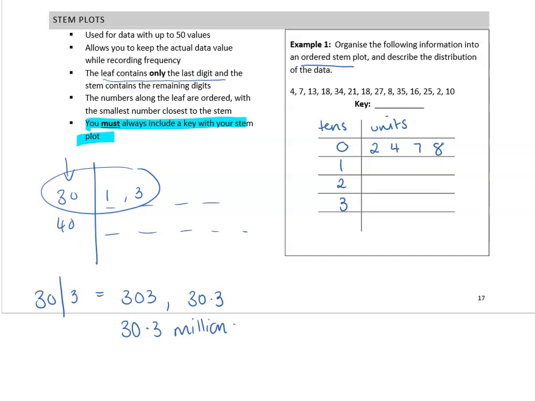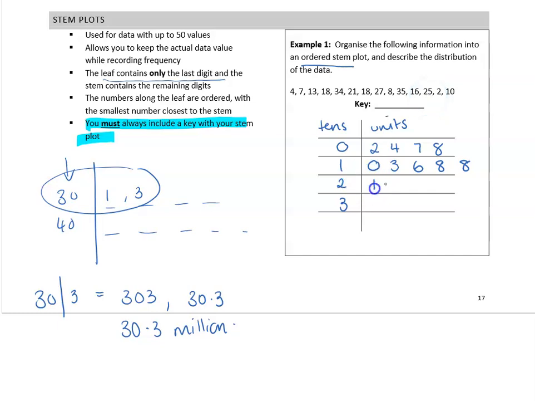And so again, if we now look at our tens, we've got a 13, an 18, an 18, a 16, and a 10. So again, in order, 0, 3, 6, 8, 8. Into our 20s, we have a 21, a 27, and a 25.